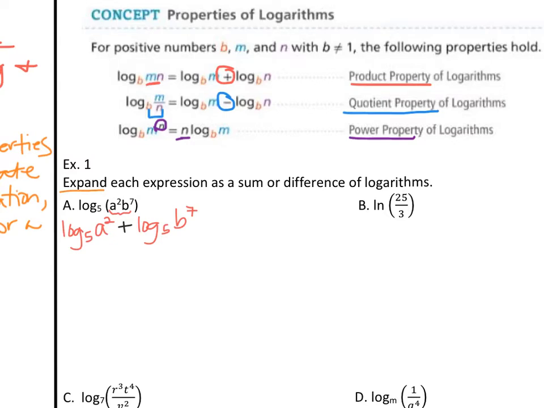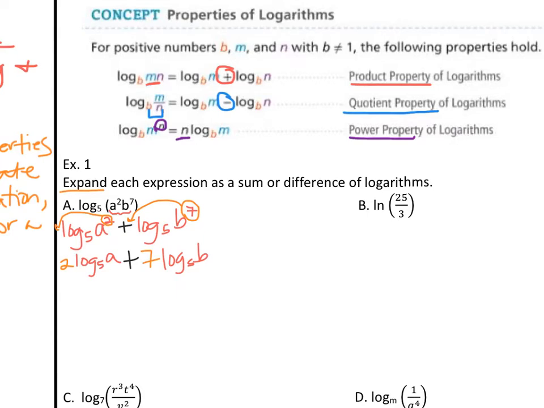And what we'll do with those exponents is we'll take the power itself and we'll apply that power property. Put it out in front of the logarithm as a coefficient. So now it's 2 times log base 5 of a plus, and then we'll do the same thing with the 7, but the 7 is going to go right in front of that second logarithm. 7 log base 5 of b. So we expanded the expression using the sum of logarithms.